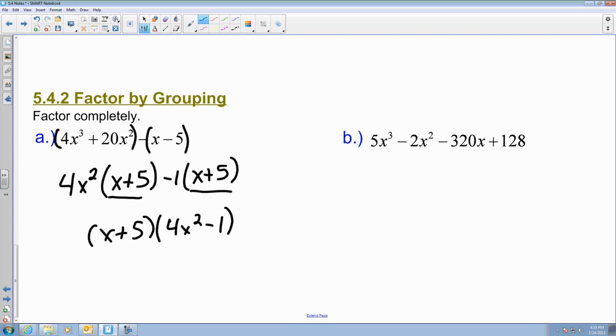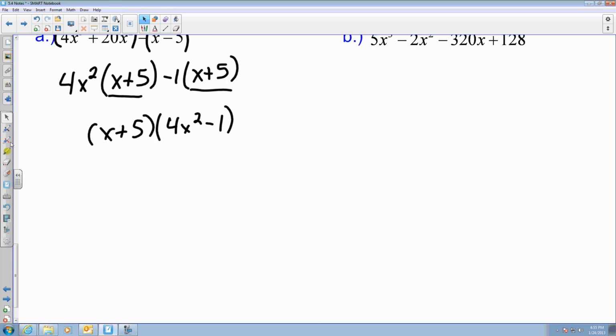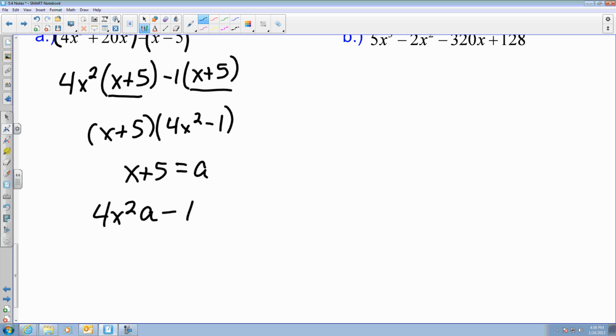One of the best ways that I can describe this process is, let's pretend that x plus 5 equals a. So I have 4x squared times a minus 1 times a.